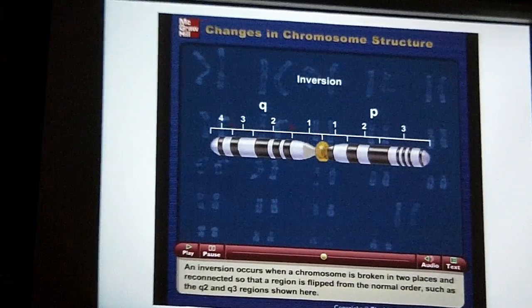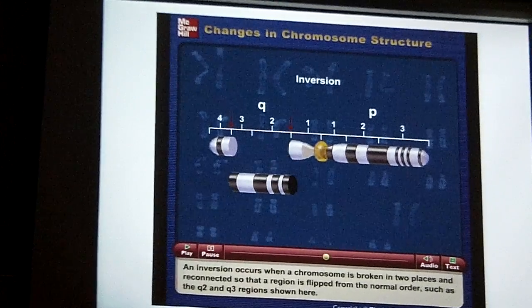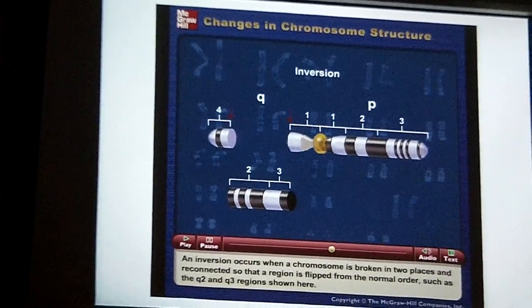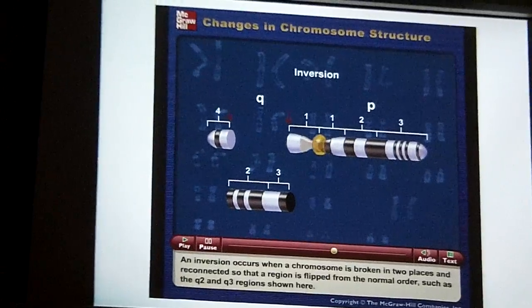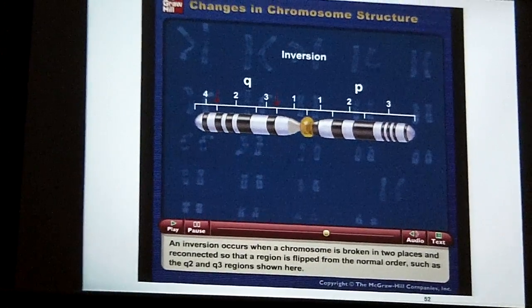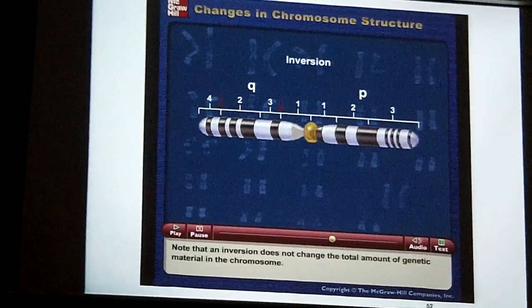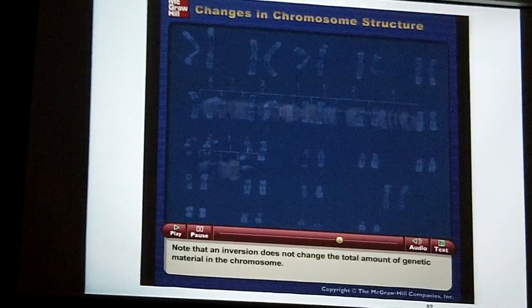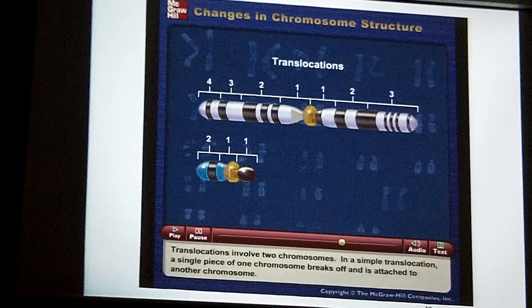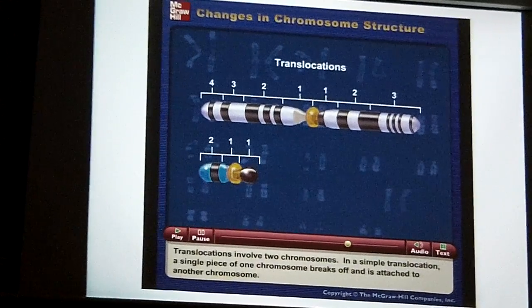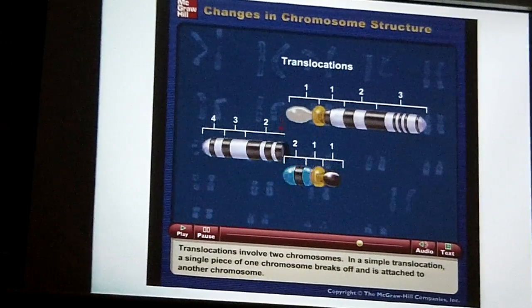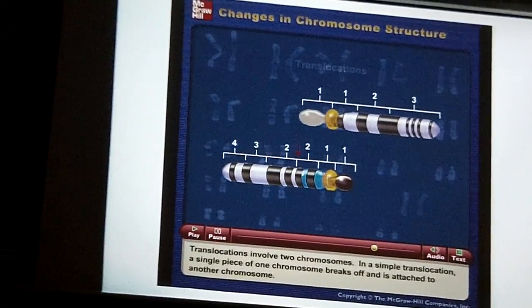An inversion occurs when a chromosome is broken in two places and reconnected so that a region is flipped from the normal order, such as the Q2 and Q3 regions shown here. Note that an inversion does not change the total amount of genetic material in the chromosome. Translocations involve two chromosomes. In a simple translocation, a single piece of one chromosome breaks off and is attached to another chromosome.